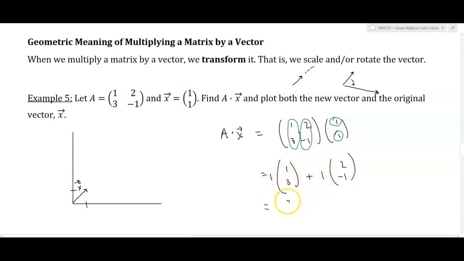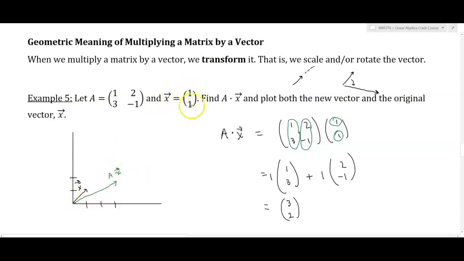So 1 plus 2 and 3 minus 1. So you can see here that now this new vector is at the location 3, 2, which shows that both of those effects have taken place: we have both scaled and rotated the vector.